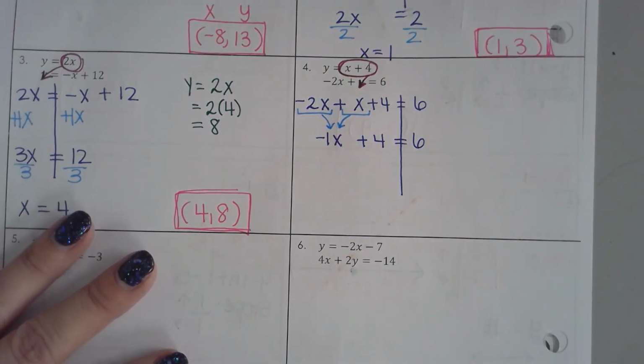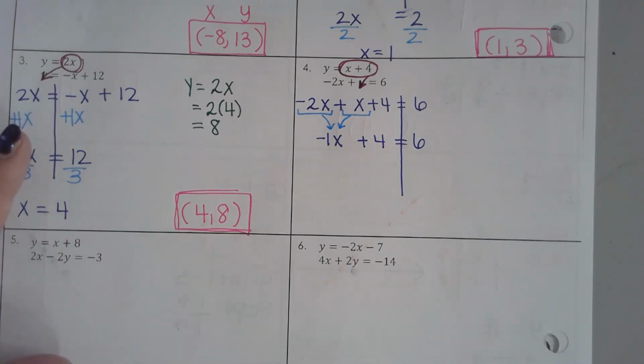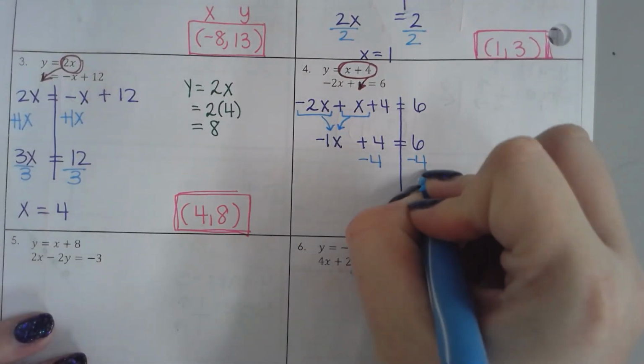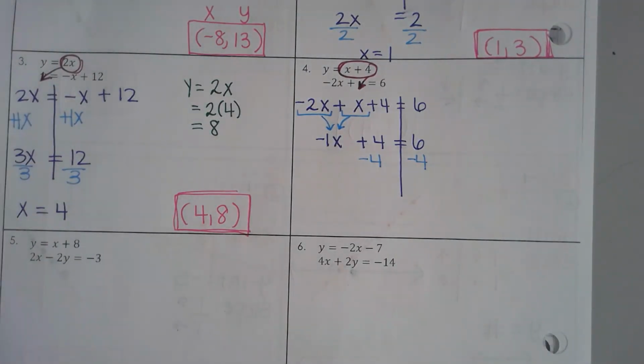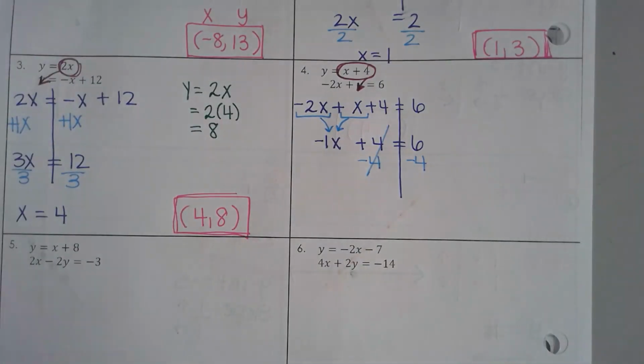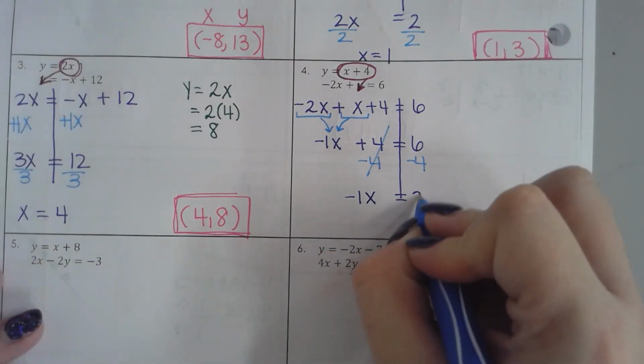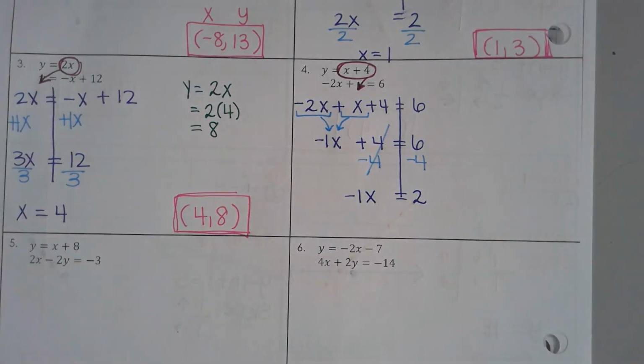All right, so here I have negative 1x plus 4 equals 6. So I'm going to subtract 4 from both sides. Those will cancel. You get 2. Negative 1x equals 2.